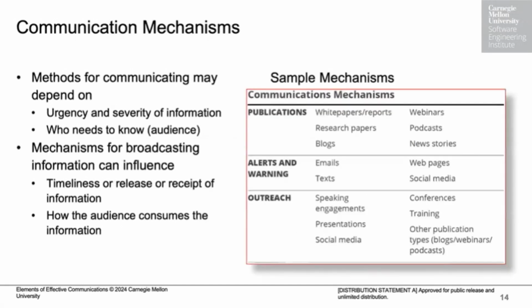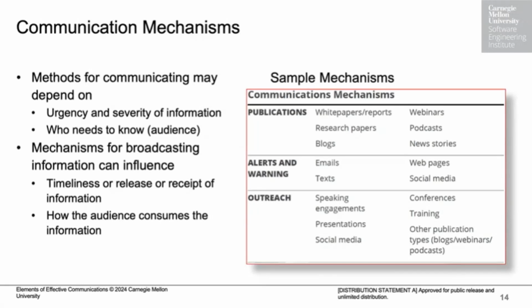So I talked about mechanisms. So here are some of the mechanisms. And again, it will depend on urgency and severity of the information. So if you need to get things out quickly, maybe an email is not the best bet, right?